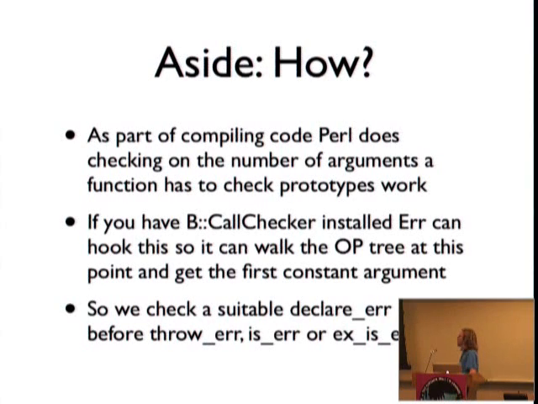You can override this with call checker. So I do so, and I grovel around in the op tree to find the constant first value you're passing in to the throw and to check that it exists at the time you're compiling your code. So you don't have to wait until it's 3 a.m. in the morning to discover that there's a problem. Which is a very long-winded way of saying it just works with magic.